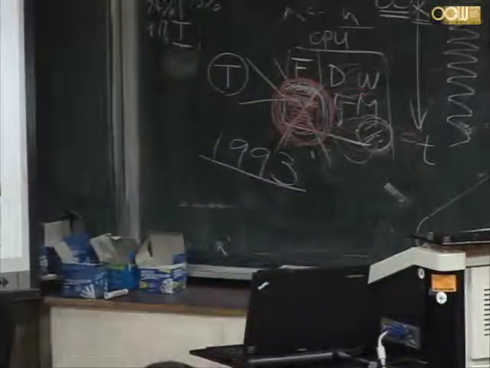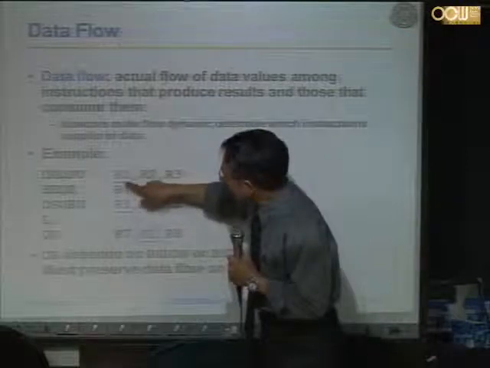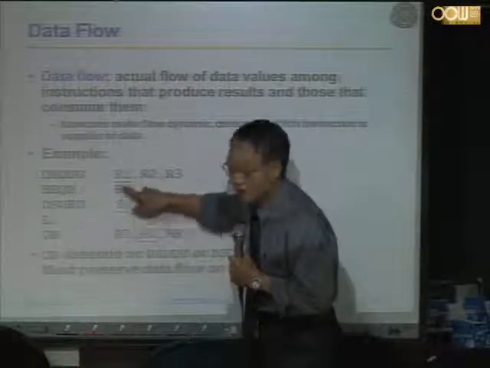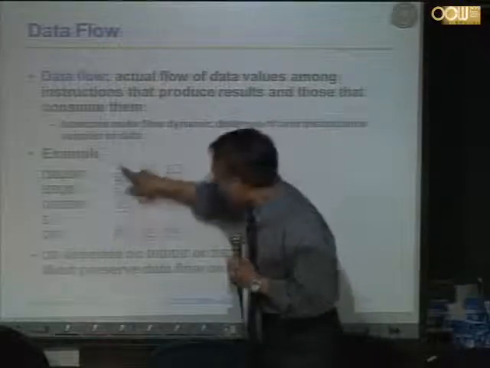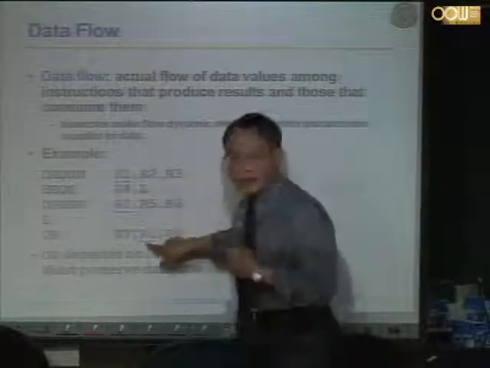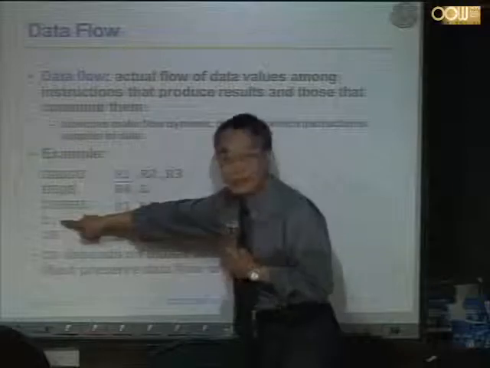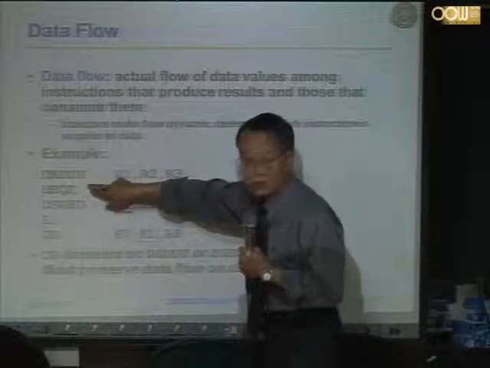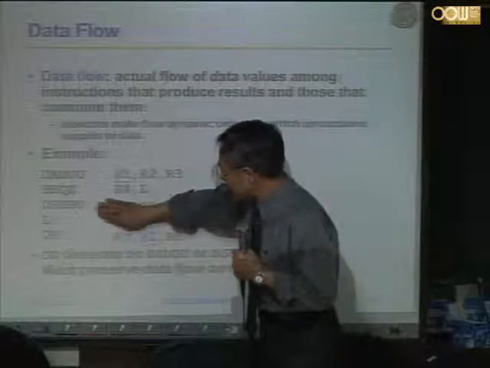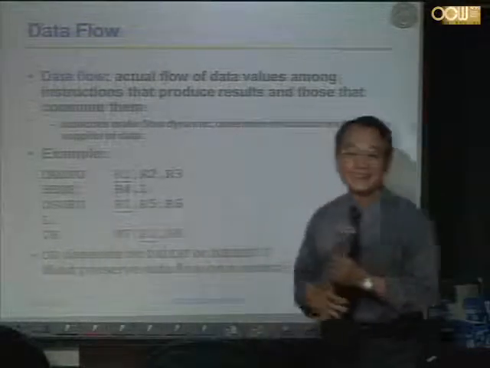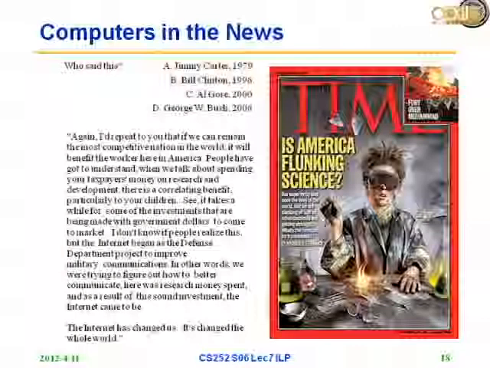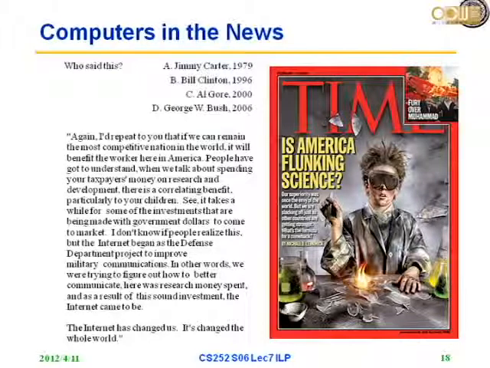Because I may continue execution on this path or on that path to the L, because this is a two-way branch. This is the follow-through, and this is the target of the branch.